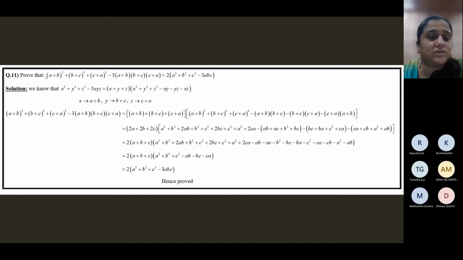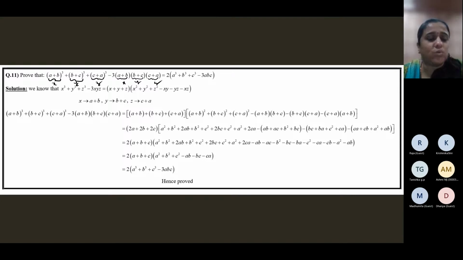So here you can see that this is a direct one. This is like x cubed plus y cubed plus z cubed minus 3xyz. See, x is a plus b, y is b plus c, and z is c plus a.